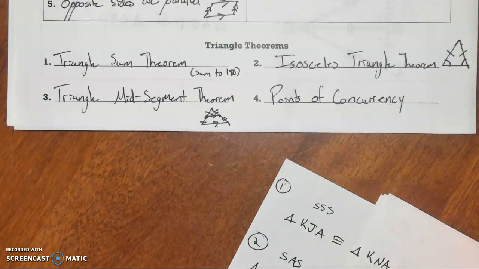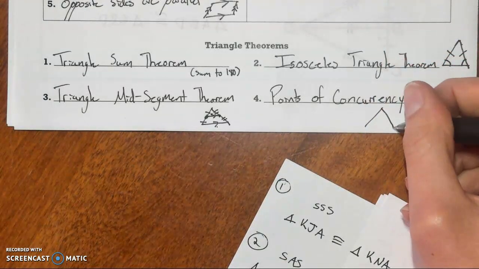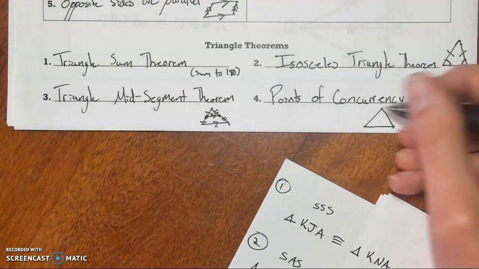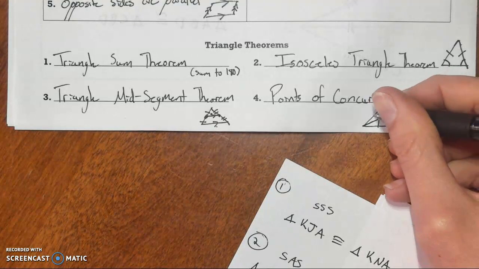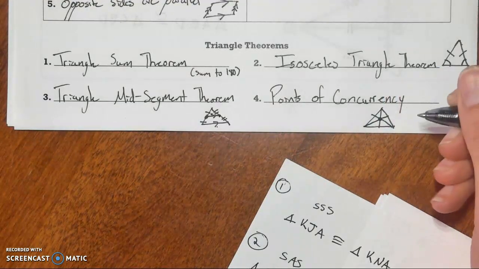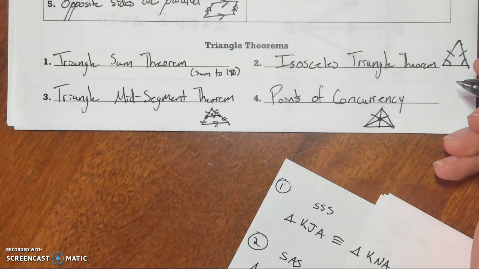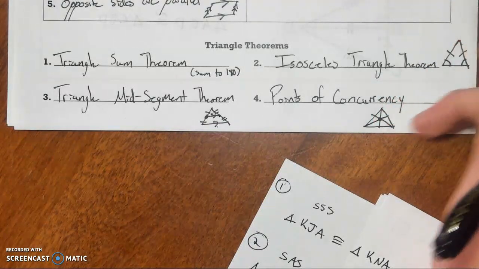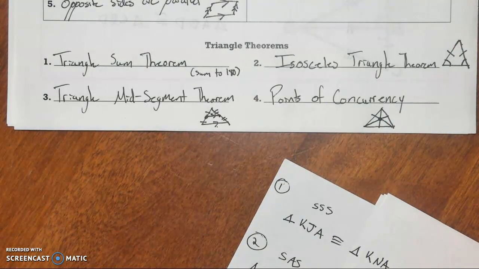This is dealing with the fact that if you have a triangle and you have 3 or more lines intersecting in the triangle, there are 4 points of concurrency: your incenter, your centroid, your orthocenter, and your circumcenter. This we didn't really focus on a lot, but just be aware of it. And we're going to turn the page now and work on our practice EOC problems.